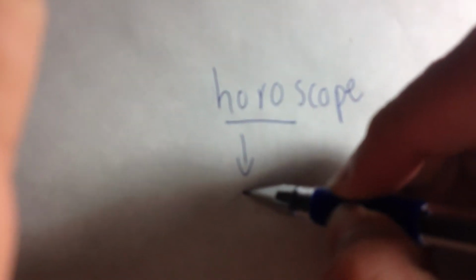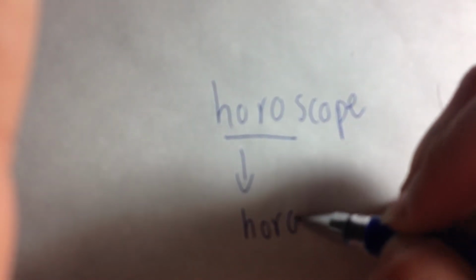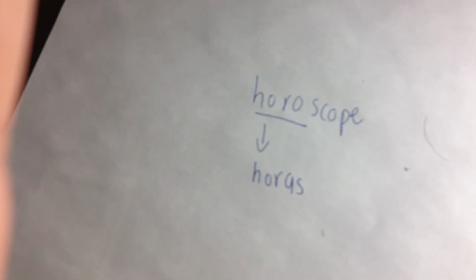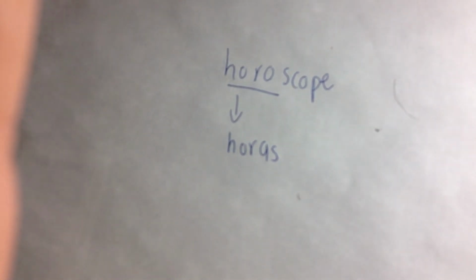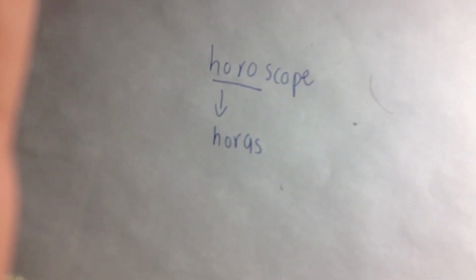So the prefix horo is derived from the Greek word horas, which means time. This prefix then combines with the word scope, which is derived from the Greek word scopos, meaning observe.